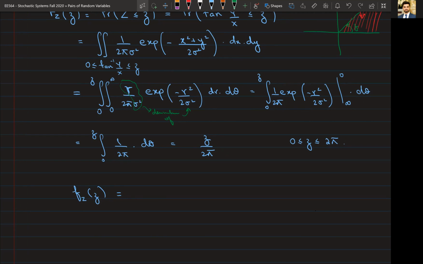Okay. Sir, may I guess? Yes, tell me. The answer is already there in the chat box, but uniform. Yeah, it's a uniform random variable. So if I just differentiate, this is what I get, right? So this is 1 upon 2 pi for 0 less than or equal to z less than or equal to 2 pi, and is 0 otherwise.